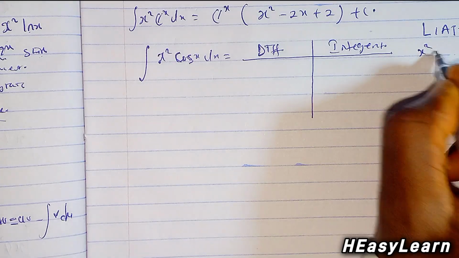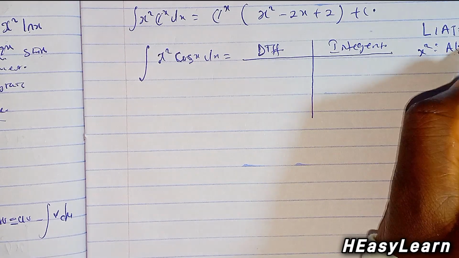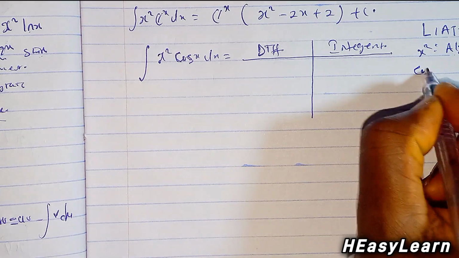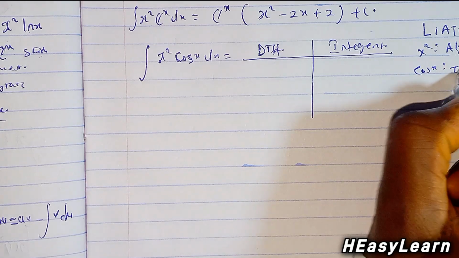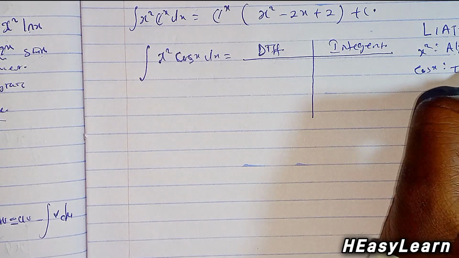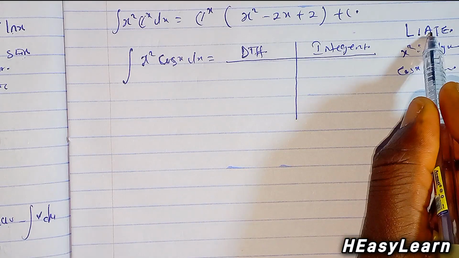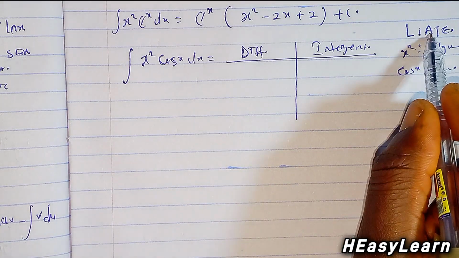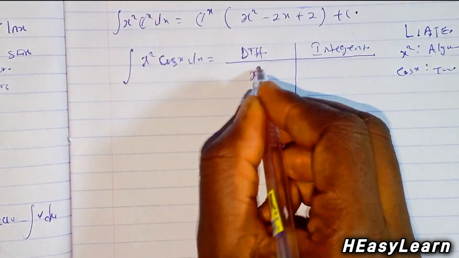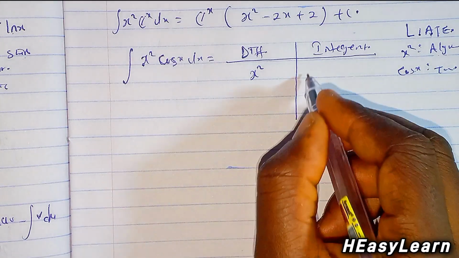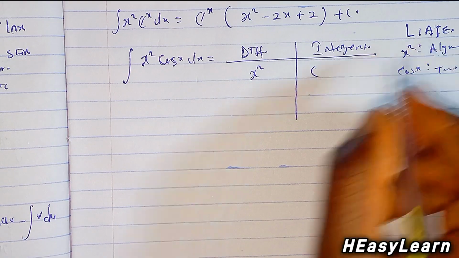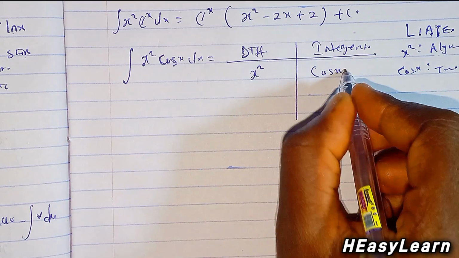Of course, x squared is an algebraic function. Cos x is a trigonometric function. From LIATE, A comes before T. We are going to differentiate x squared and integrate the trigonometric function. We are going to integrate cos x.